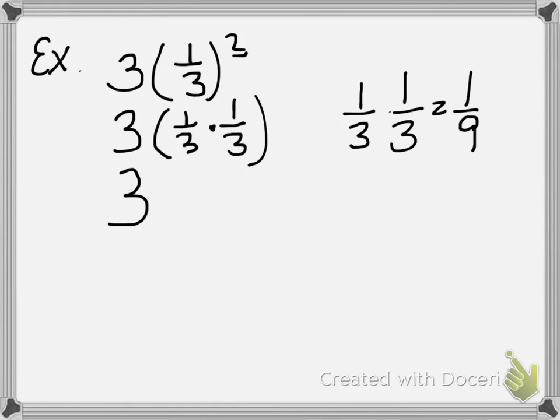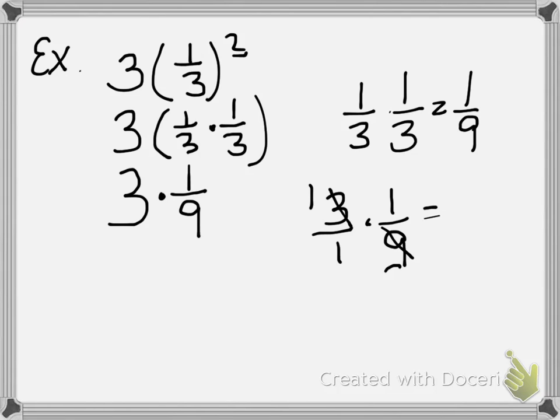So I have 3 times 1/9. You can either use your calculator, or you should know how to multiply. 3 divided by 3 is 1, and 9 divided by 3 is 3. So that's 1/3. So this equals 1/3.